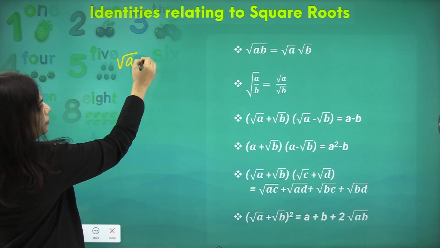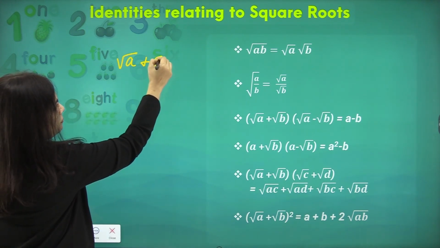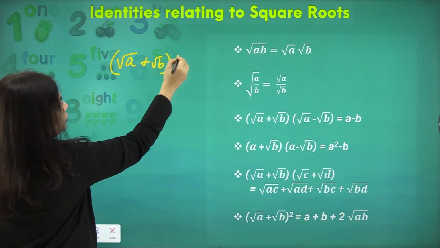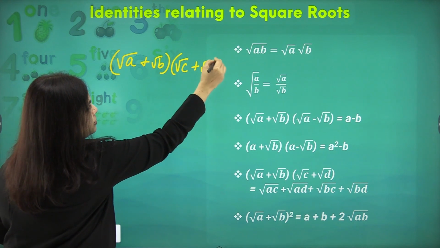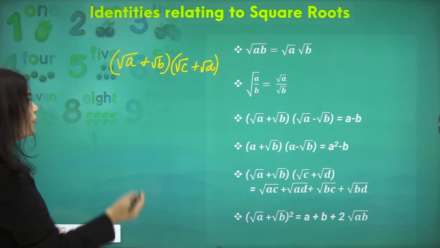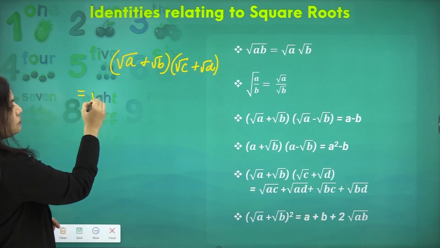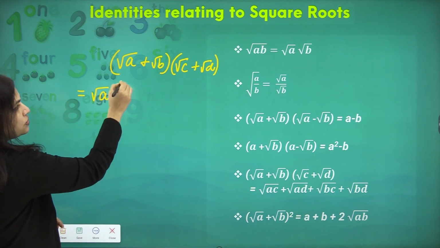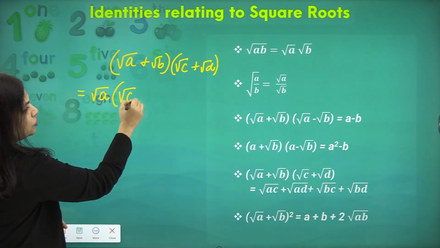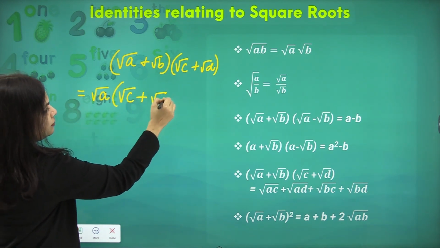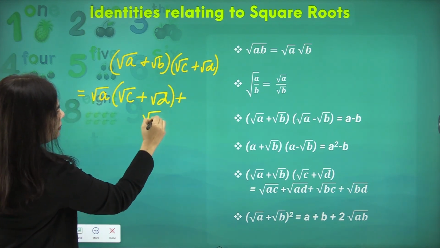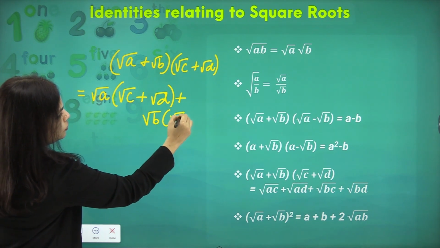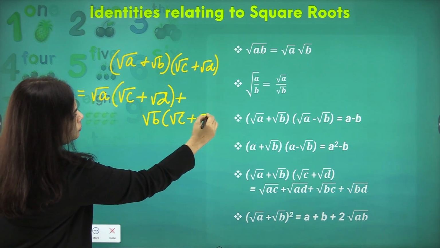Root a plus root b into root c plus root d. If I expand it using distributive law, this will be root a into root c plus root d plus root b multiplied with root c plus root d.